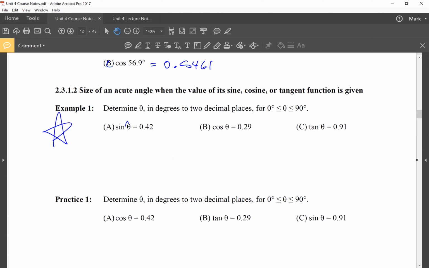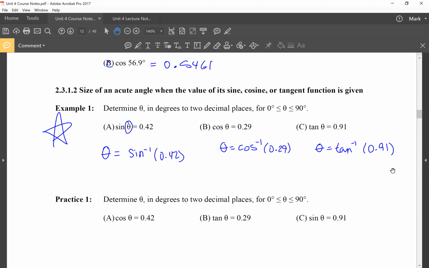If I want to solve for theta, I'm going to take the sine inverse of 0.42. If I'm going to solve for B, I'm going to take the cosine inverse of 0.29. And if I'm going to solve for C, I'm going to take the tan inverse of 0.91.